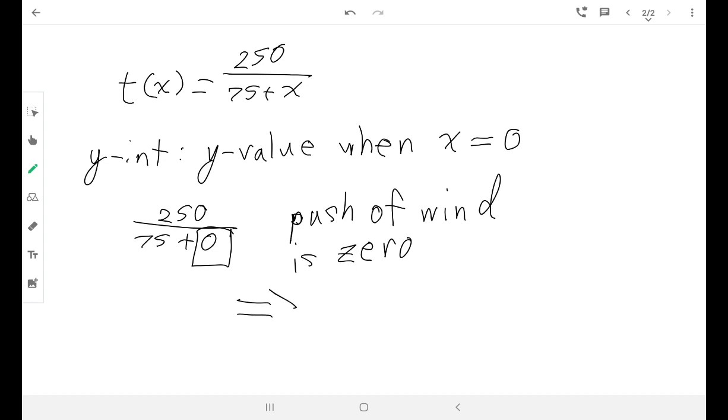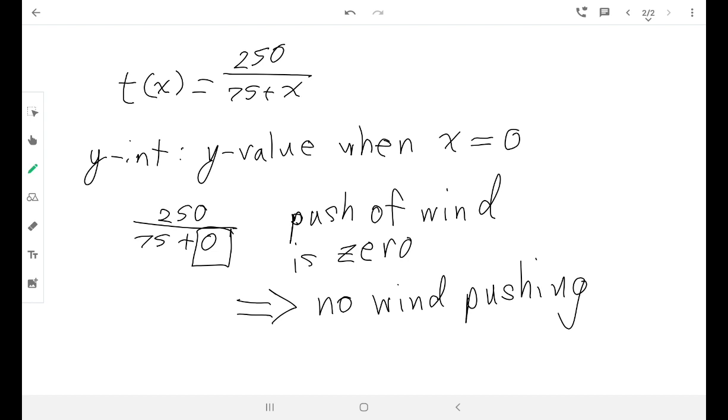And what does that mean? Well, that means there's no wind pushing. So that's the meaning of what it means to have the y-intercept talked about.